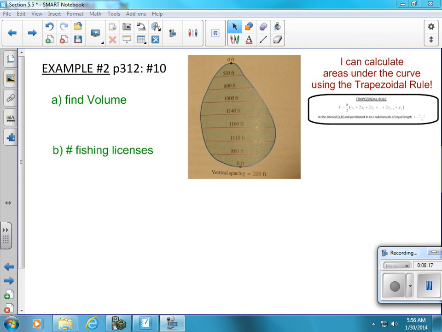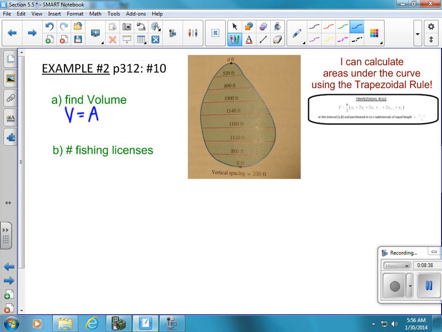The depth of the pond is 20 feet on average. Using a scaled map, you measure the distances across the pond at 200-foot intervals. Okay, 200-foot intervals, that is going to be your H, by the way. Also, you're looking for the volume of the pond.